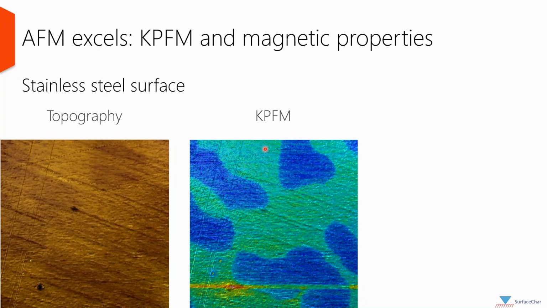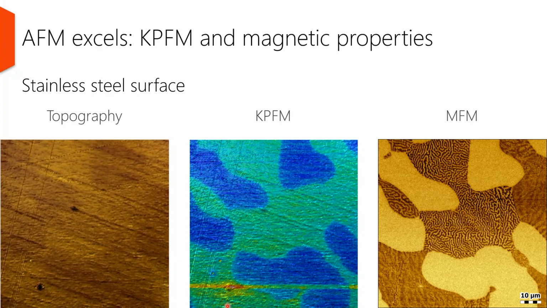So meaning we have different domains, materials with different properties. If we do these KPFM measurements, for example, with a magnetic tip, these are typically also conductive and can thus be used for KPFM measurements. We can combine these KPFM and topography measurements with MFM measurements, and this way we create another layer of information for the sample. From the MFM measurements, we get that some of the domains, basically everything that is blue in the KPFM channel, has basically no magnetic contrast, and everything that's green in the KPFM channel has some magnetic contrast.